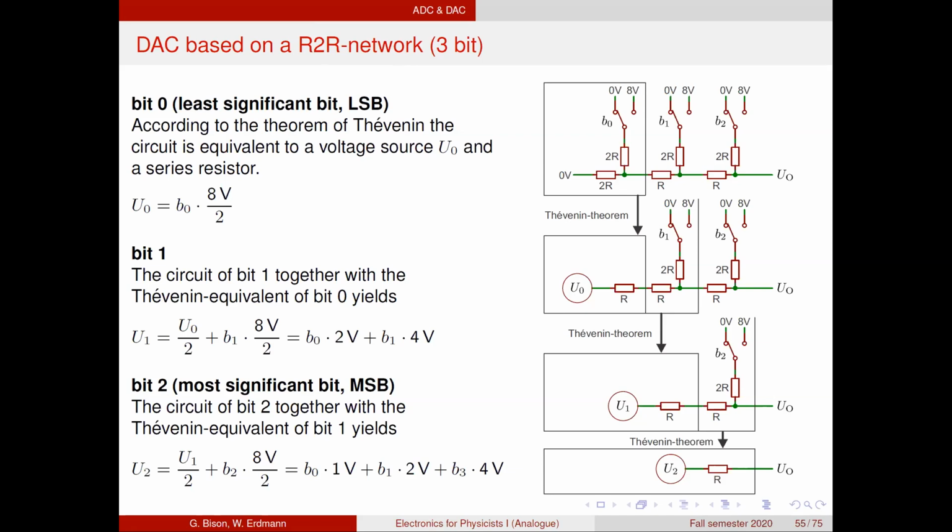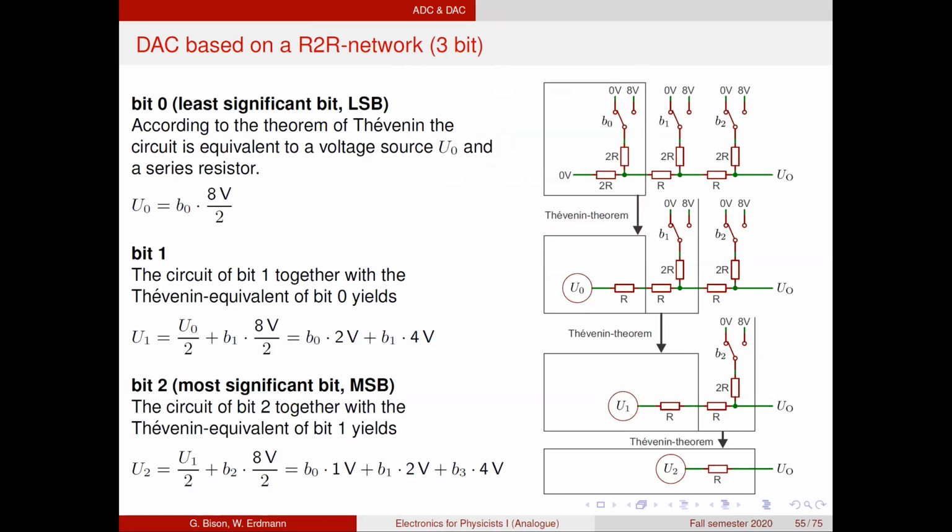And it's a really nice design. It's my favorite way to generate analog values from digital values. And one way this is special is that we finally have a really good application for the Thevenin theorem, which was in one of the first lectures.